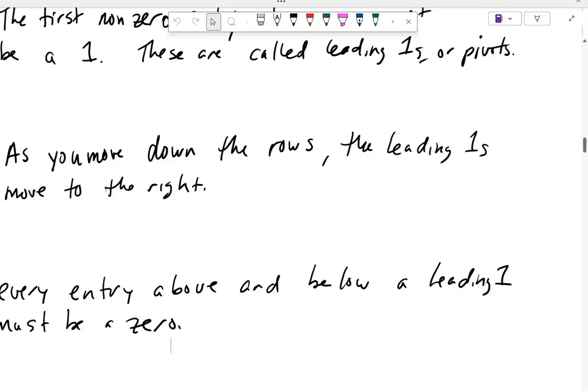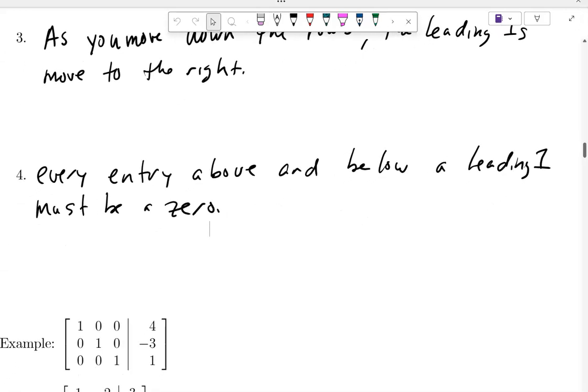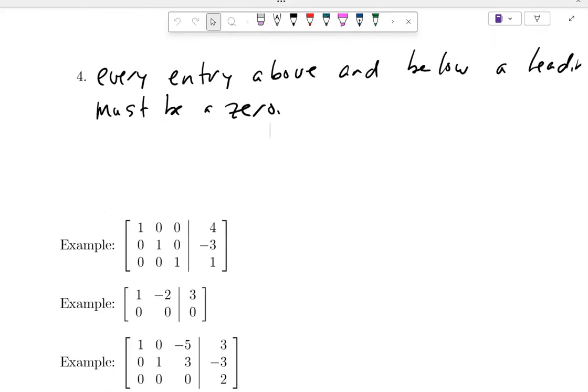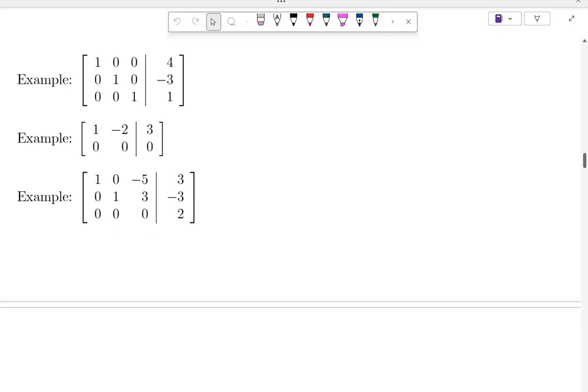Also, remember when we put things in triangular form, we got ones and then got zeros below, right? For reduced row echelon form, we don't only want zeros below those leading ones, but we also want zeros above the leading ones.